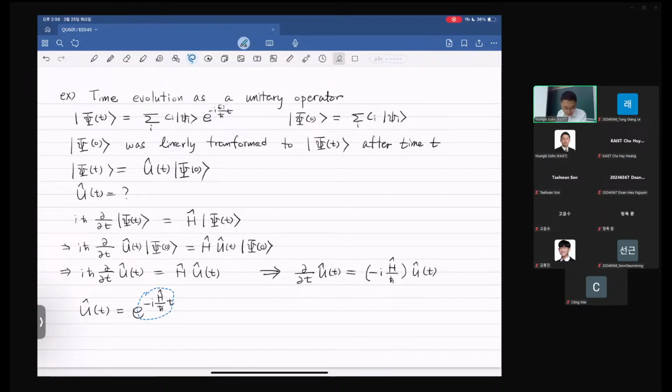So let me show you the definition. The definition is very much inspired by the exponential function. In the Taylor expansion, if you remember, e to the i theta, if you do the expansion, the Taylor expansion gives you this, with minus i.